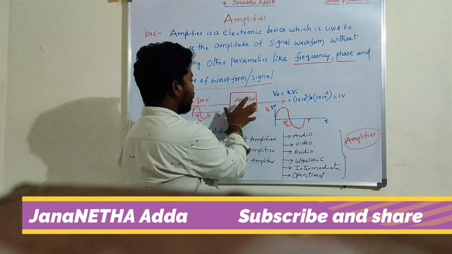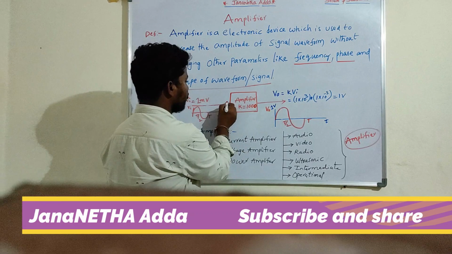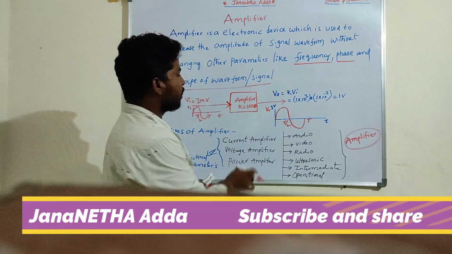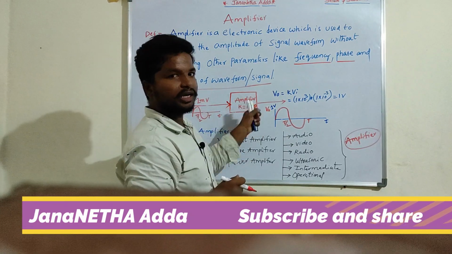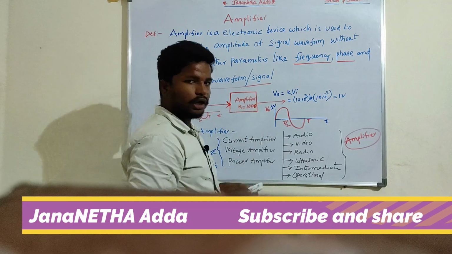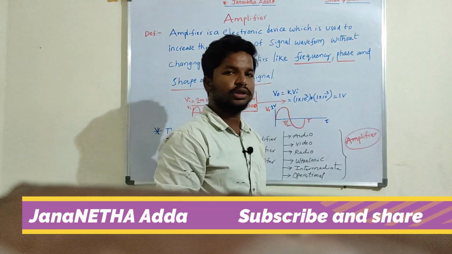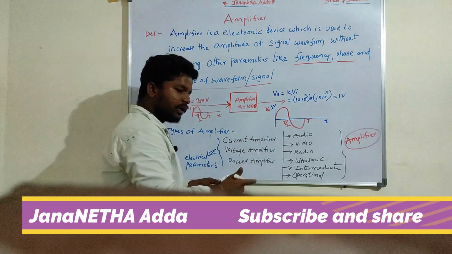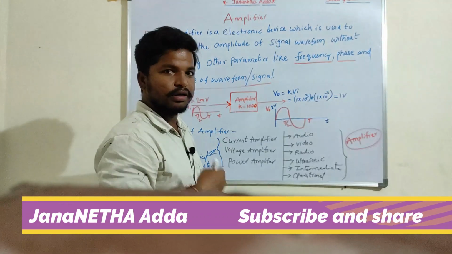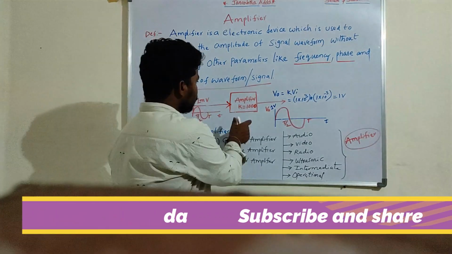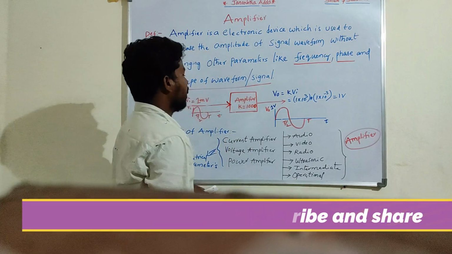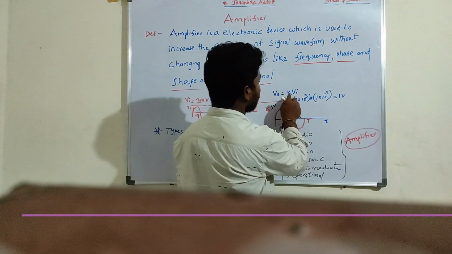I am giving it as an input to an amplifier box, which I am assuming has a gain of 1000. It could be 1000, 10,000. The gain depends upon the design requirements.